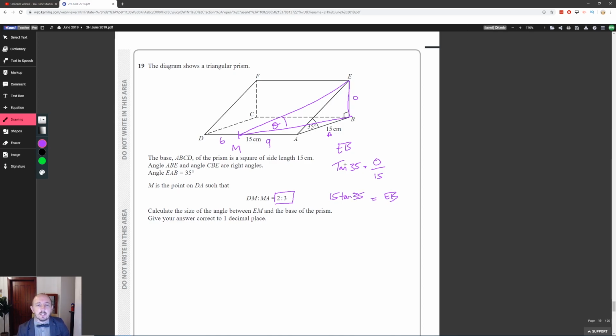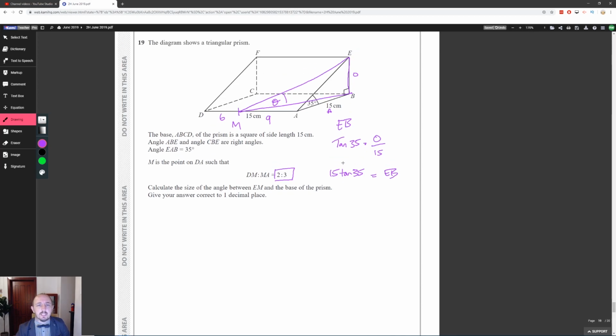We can then create our second triangle here, but we need to know the length MB. So now we have a triangle that's going from M to B and then up to E. We know EB, we want theta, we just now need to find out what MB is. So we've actually got another triangle here, that's going to be 9 and 15 there.